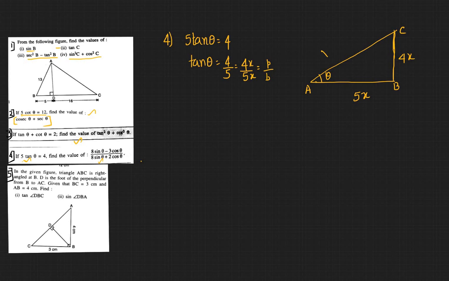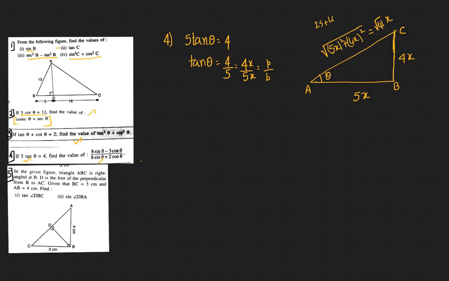So the hypotenuse has to be square root of 5x the whole square plus 4x the whole square. That's equal to square root of 41x, because this is 25 plus 16, that's 41, and the x squared comes out, so square root of 41x.